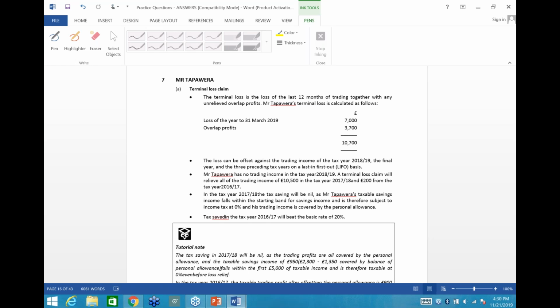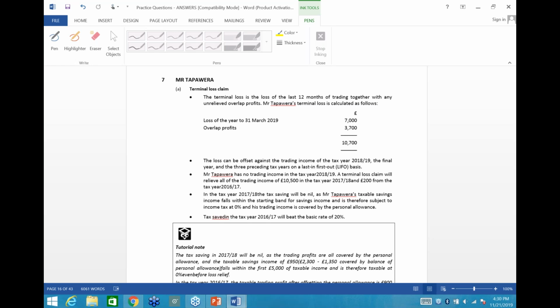This special relief is available as we are no longer permitted to use or claim the carry forward relief. Why? We are winding up the business. We cease trading. Therefore, if you have incurred a loss during the last 12 months of trading of the business, first of all, we should try to set it off against the same tax year's trading profit.